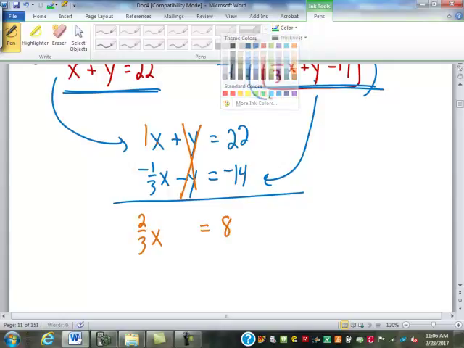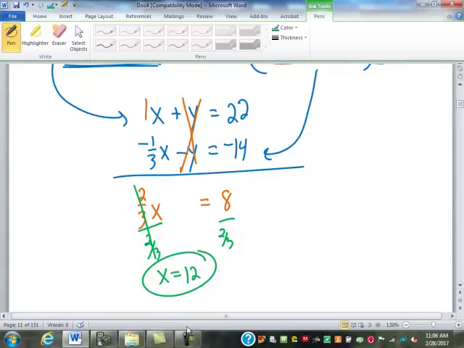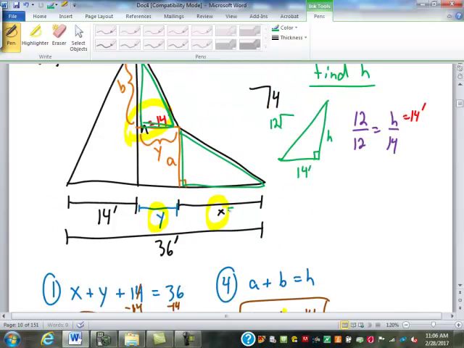So to find x, I'm going to divide by 2/3. So x equals 8 divided by 2/3, which is 12. Now, because I solved it that way this time, instead of solving for a and b and then having to subtract 2, I can go up here and say, hey, x equals 12. We're all done.